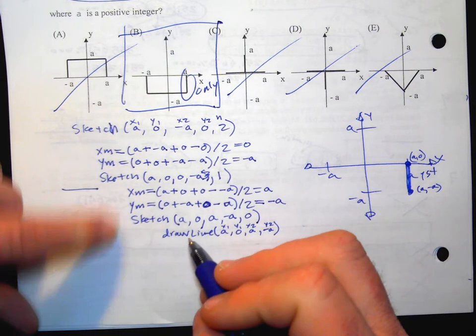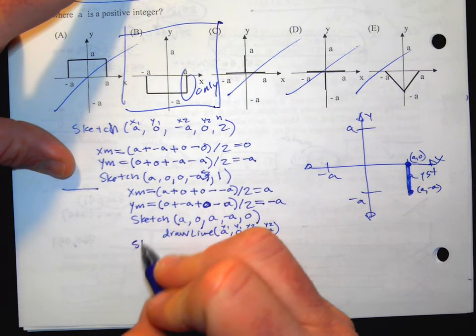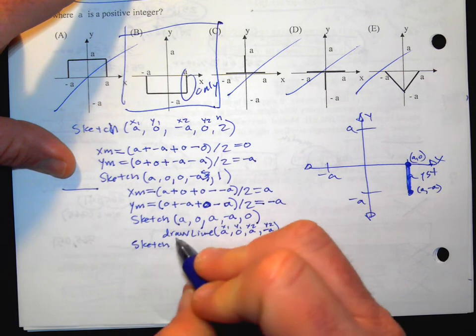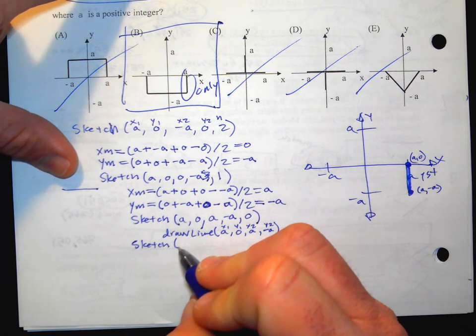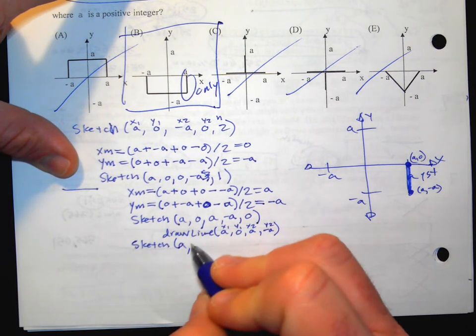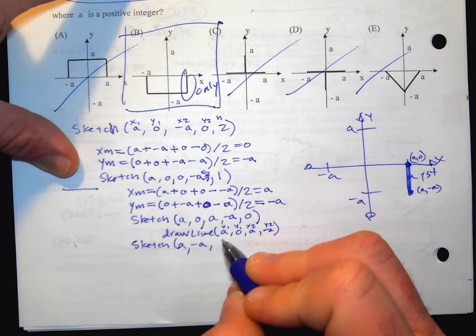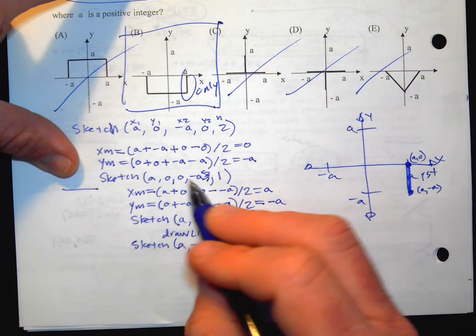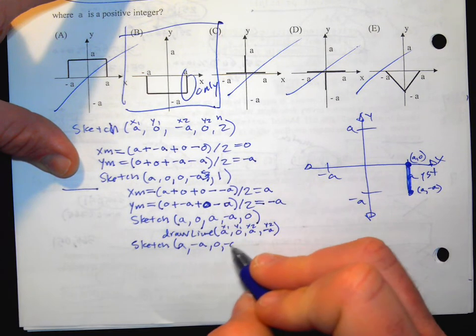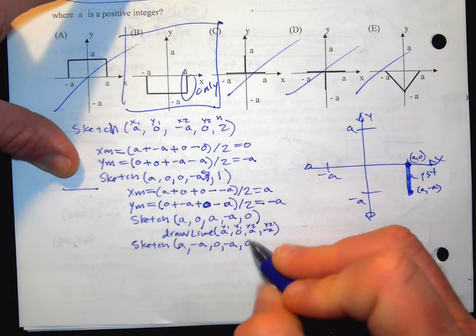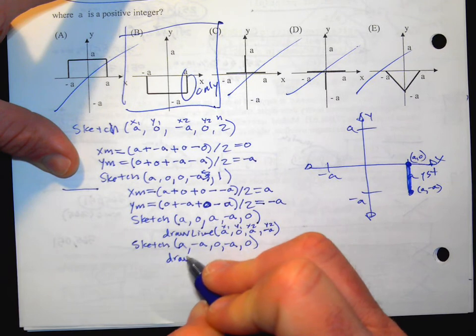Now, after it does this, it goes to sketch, and it uses xm, a, negative a as the first coordinates, and then uses x2, y2 from that last call, 0, negative a, and it decreases n to 0. So we get to draw another line pretty quickly here.